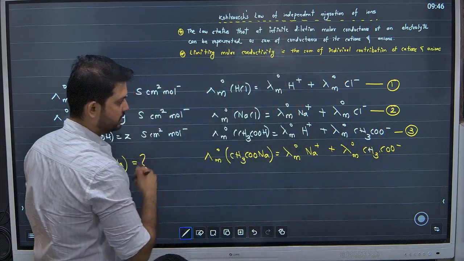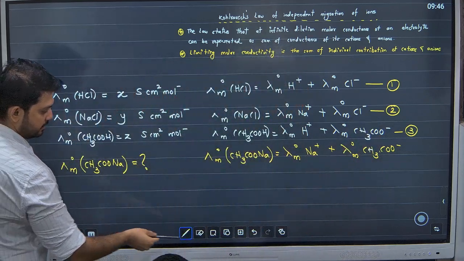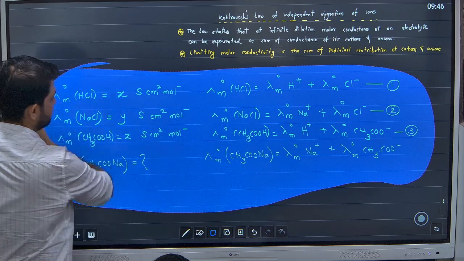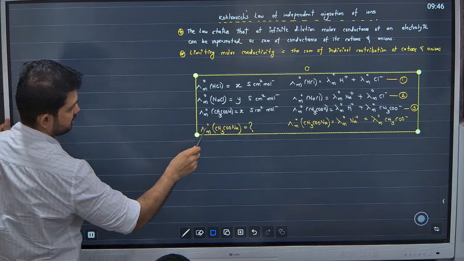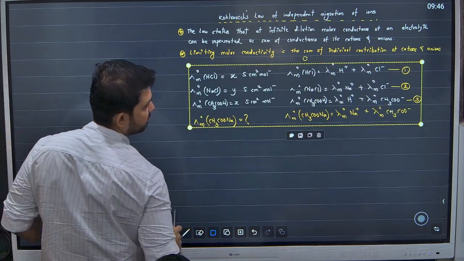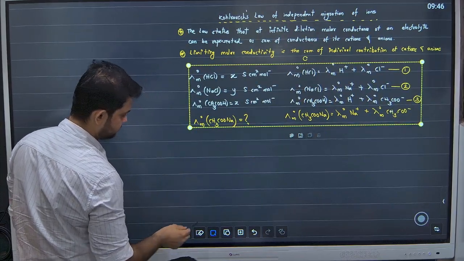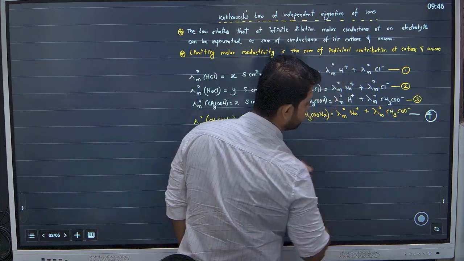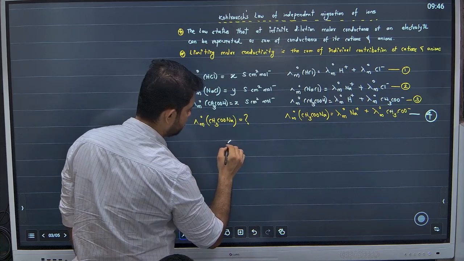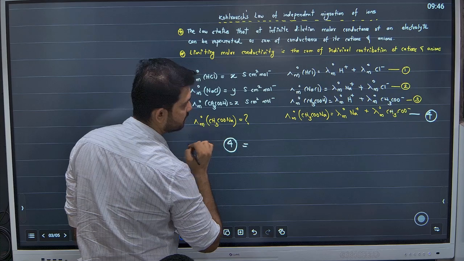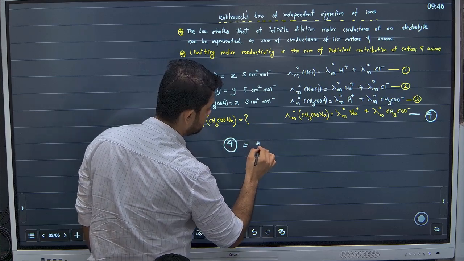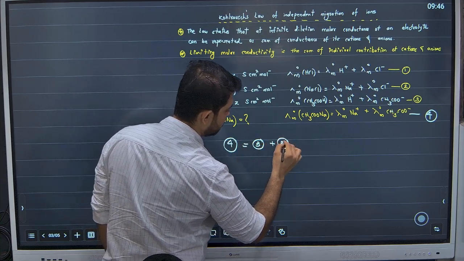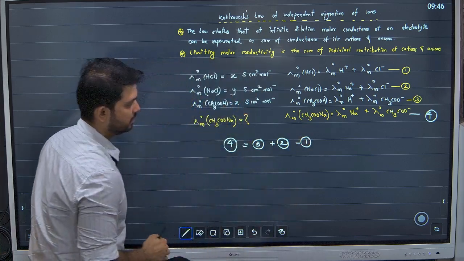Now if I number these as equation number 1, equation number 2, equation number 3, how will I get the main equation? To get equation 4, can I say equation 4 is equation 3 plus equation number 2 minus equation number 1.